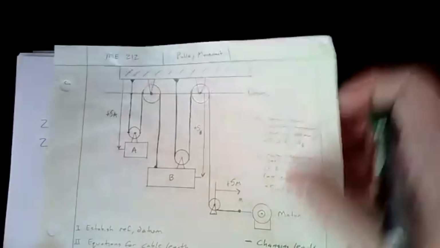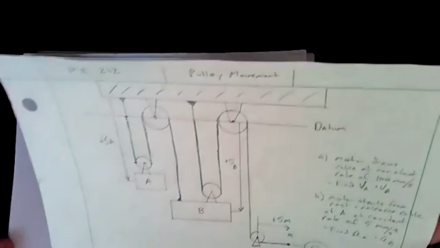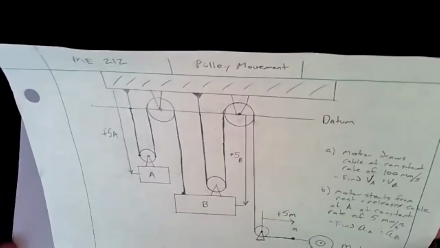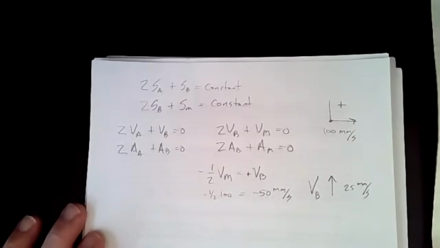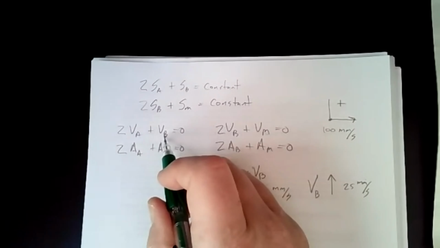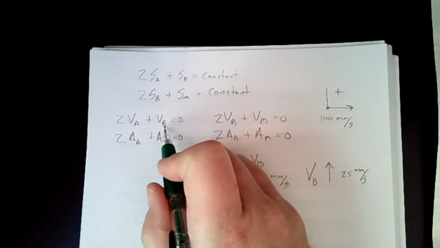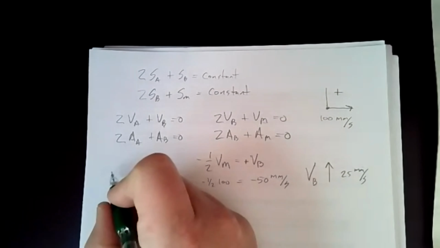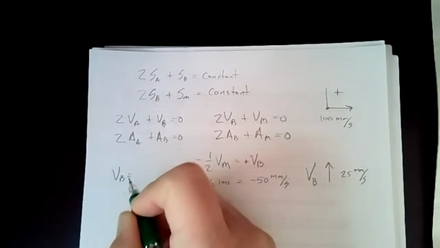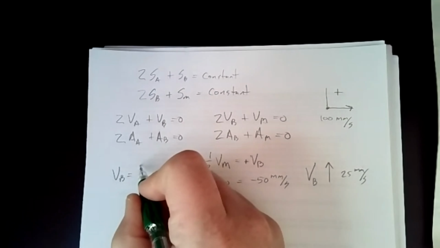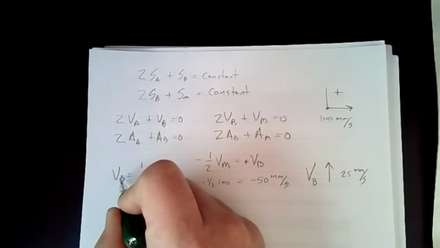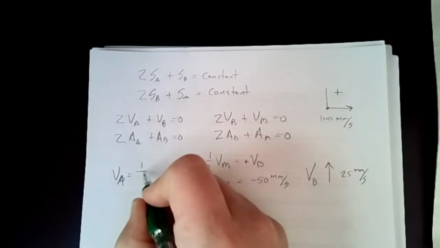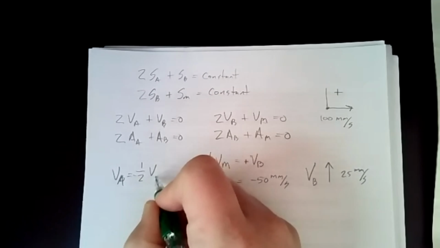And so we're asked to find VA and VB. We know that VA is essentially half of VB. So if we write that, VA, I apologize, equals negative 1/2 of VB.